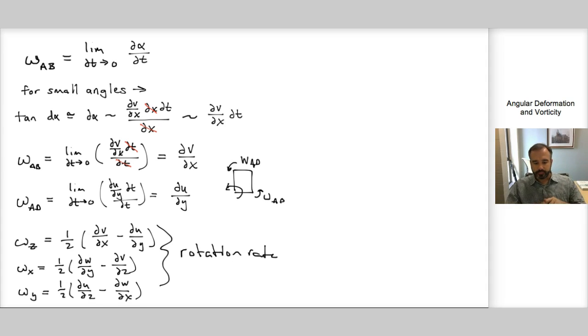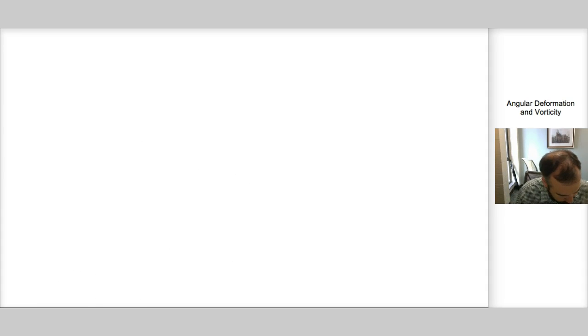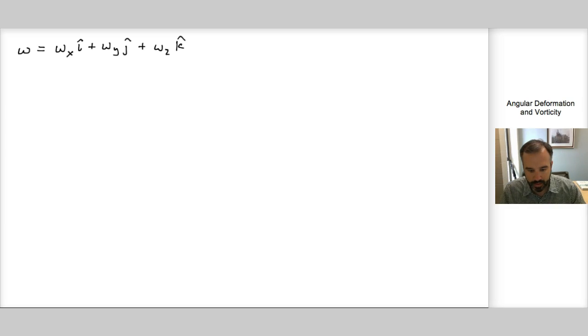All right? And we can combine those, so we're going to combine all of these into one rotation vector. So we can, again, just like we did with velocity, say omega is equal to omega x i hat plus omega y j hat plus omega z k hat. And you should remember some of these terms from when we looked at conservation of angular momentum.